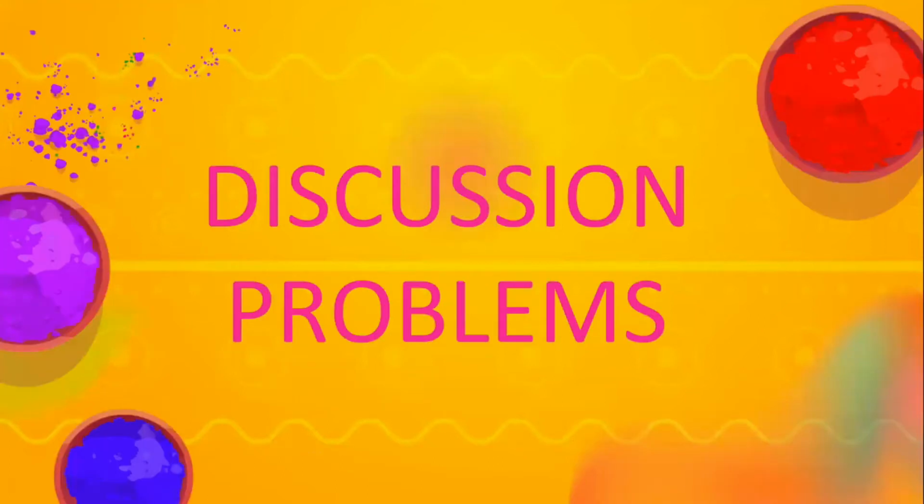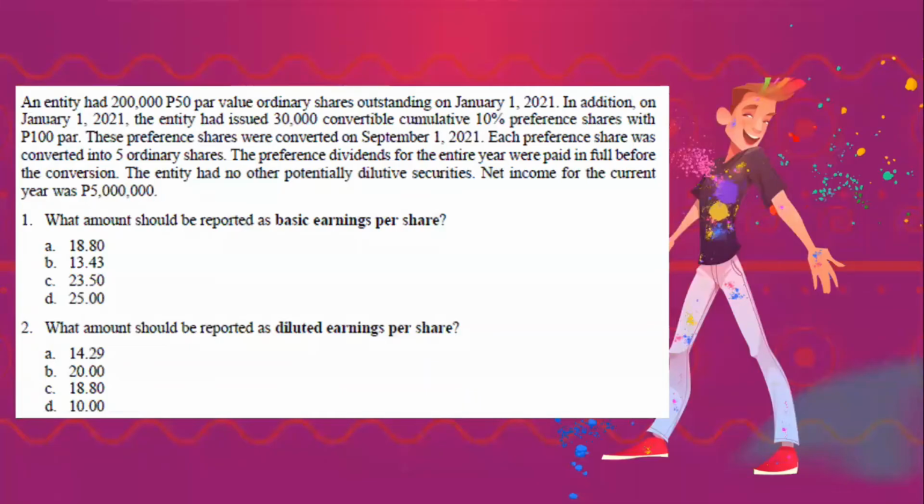O sige, para at least masolidify natin yung understanding of the concepts around diluted earnings per share, palagi nating approach is we'll do different discussion problems. So pag-usapan natin yung problem number 1.